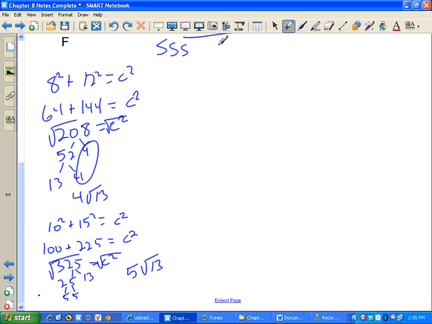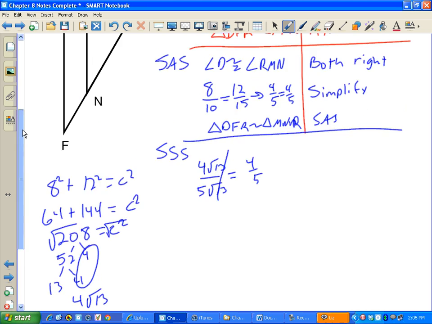Okay, so let's put my hypotenuses together. 4 square root of 13 over 5 square root of 13. That equals 4/5 because the square roots of 13 cancel.